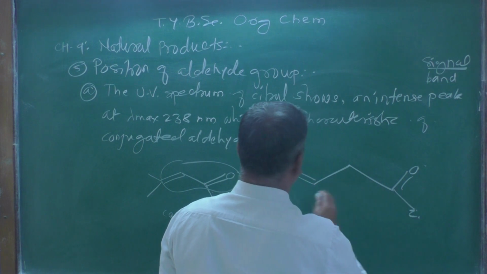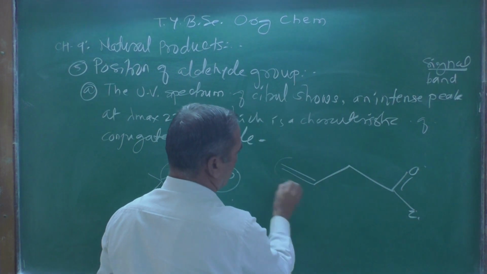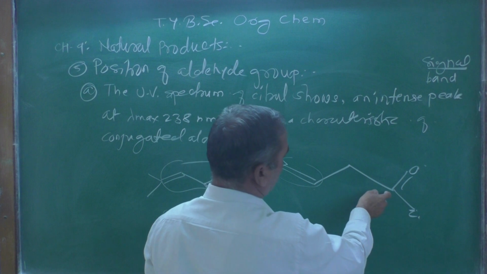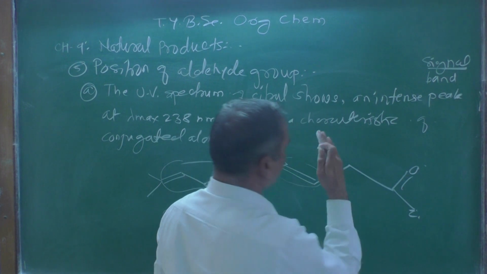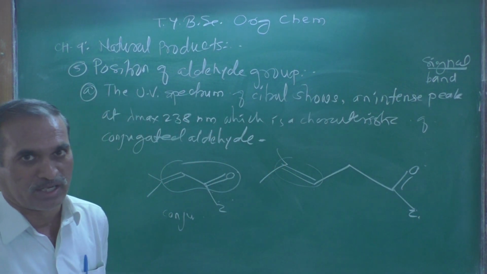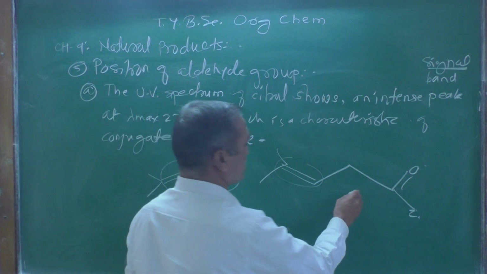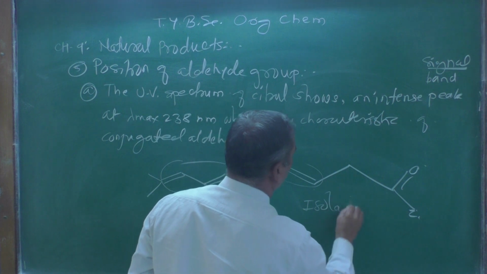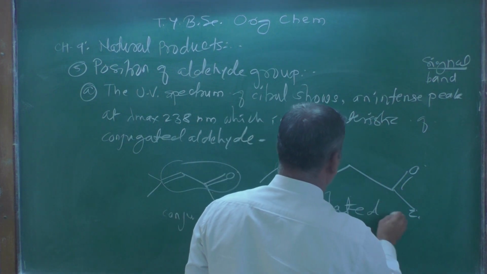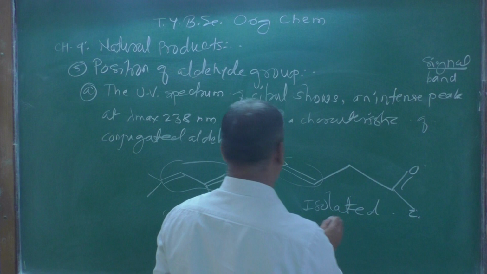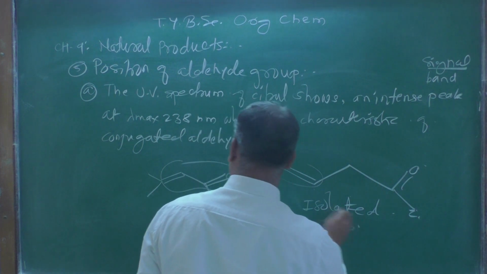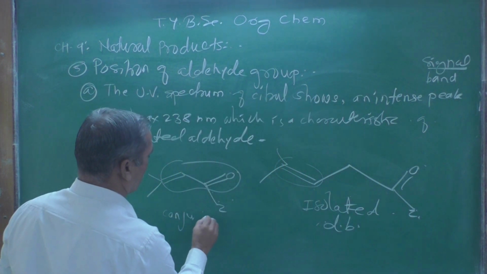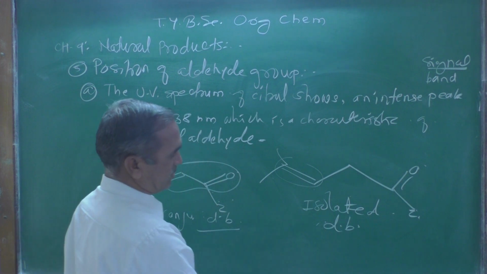Here is a Z. Even though there is a carbon-carbon double bond, they are separated by two single bonds, and therefore it falls in the isolated double bond. This is called an isolated double bond. This is called a conjugated double bond.